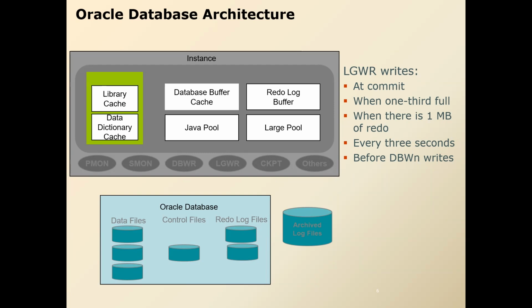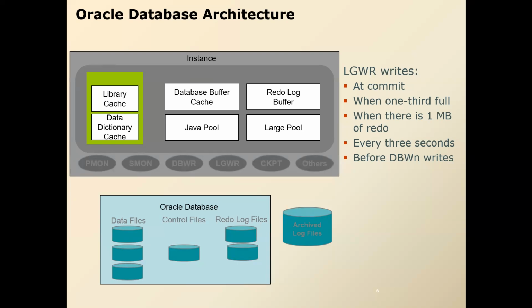Now let me tell you one thing. This will be very helpful for you. Being a DBA, what we think or understand is that these redo log files or archive log files contain only committed transactions. That's not true.